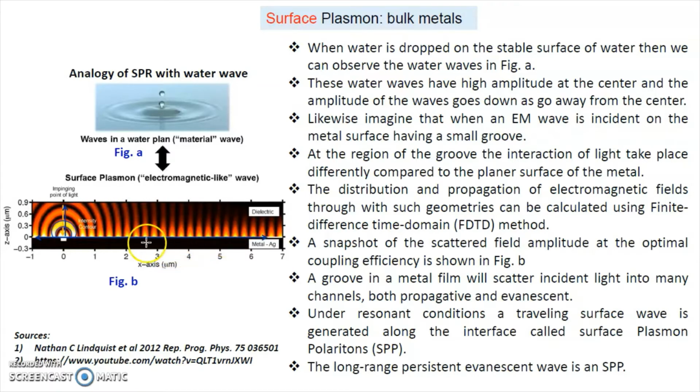So you can see that if you go away from this groove, the amplitude of this electromagnetic field is going down. It is higher at the surface, and as you go away from the surface, its amplitude goes down. So we call this an evanescent field. So that is shown here.